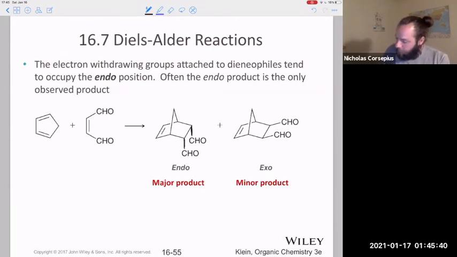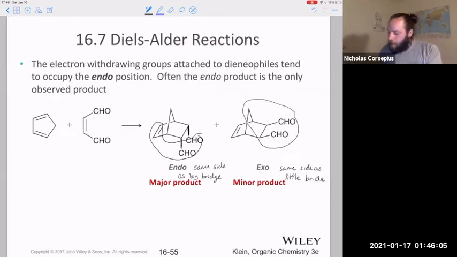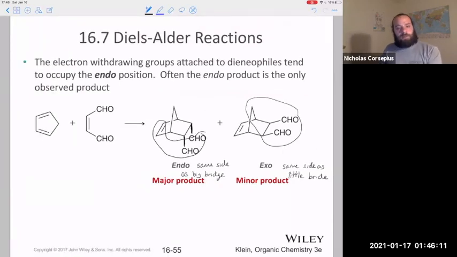Notice how this one's exo because it's same side as little bridge, which is this one here, versus endo, same side as big bridge, which is here. The endo product is actually more favorable than the exo product, which is a little surprising because we would think that we would want these big bulky substituents to not be next to the big bridge. You'd think you'd want them next to the little bridge.